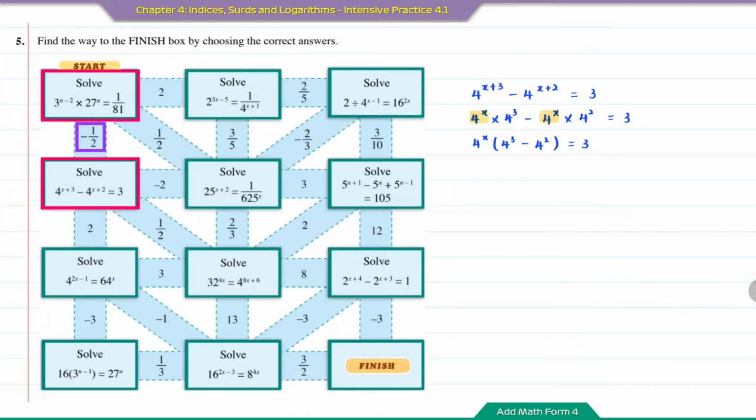Now we're going to solve for the value inside the bracket. So here you're going to have 64 minus 16. So 64 minus 16 is equal to 48.